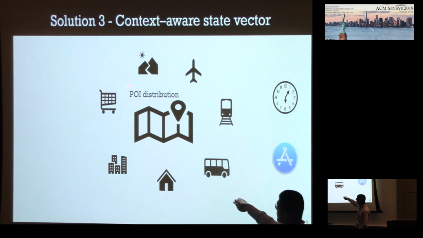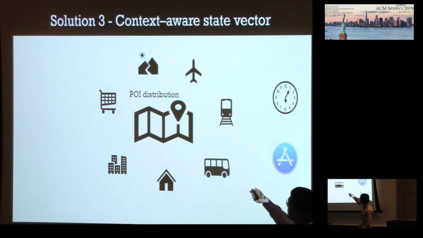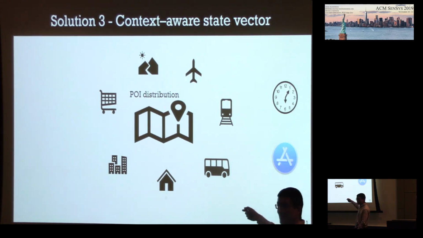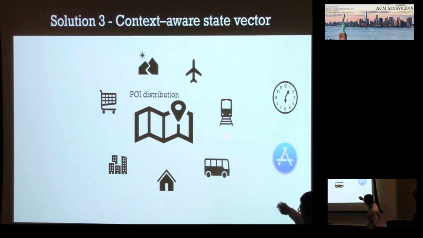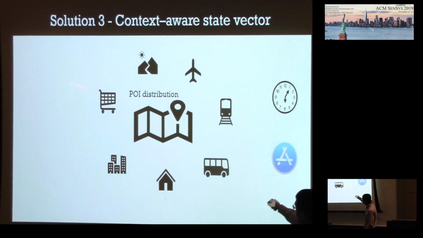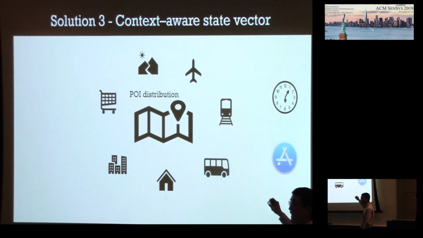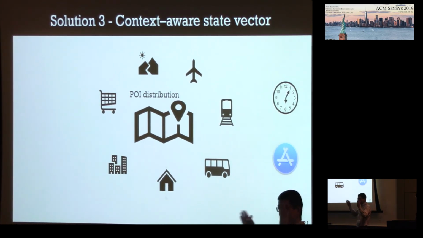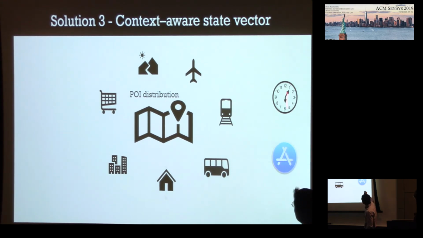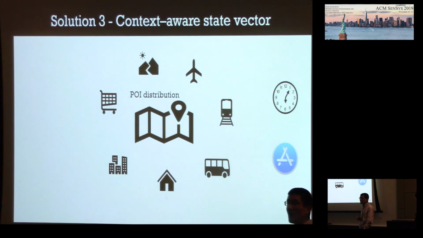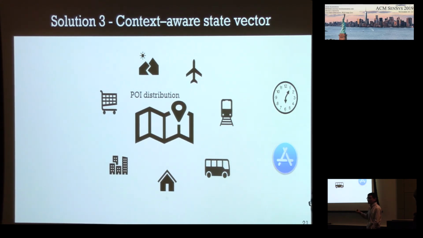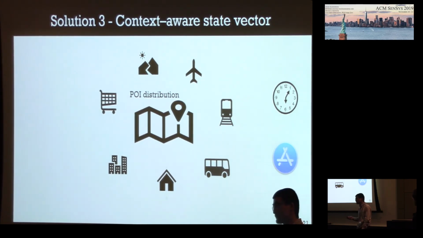For this cell tower, we can have a point of interest distribution, like the surrounding buildings around this cell tower, like the airport, the train station, and a lot more. We will treat all these POI distributions as a vector, in addition to the time and the current app we are using now, and treat all this information as a context to do the prediction.